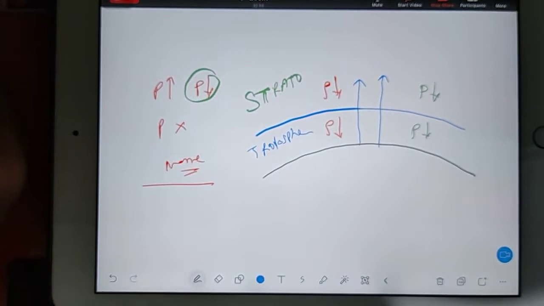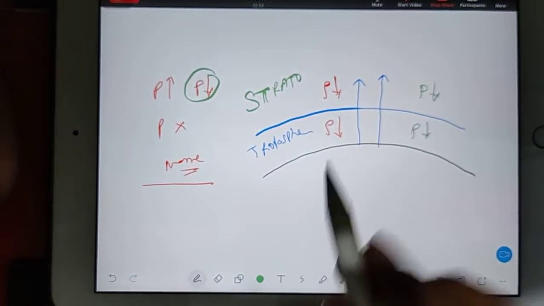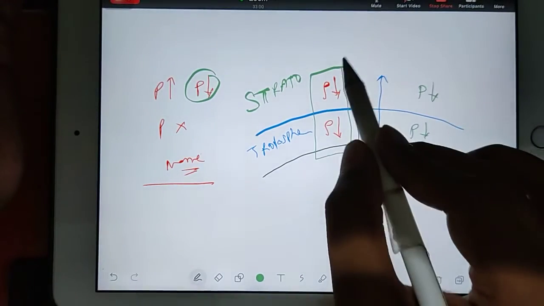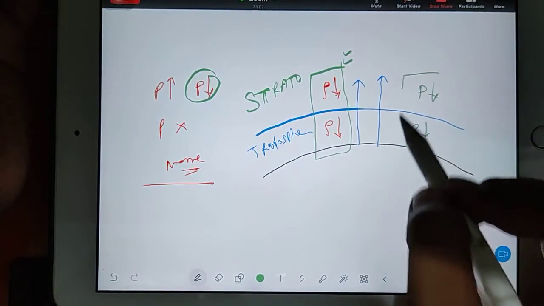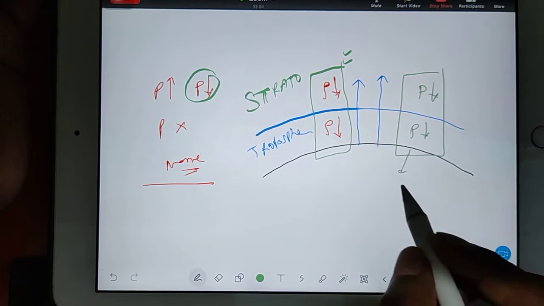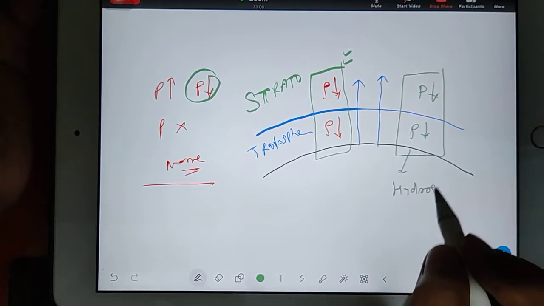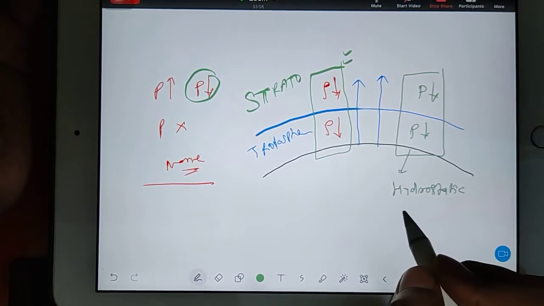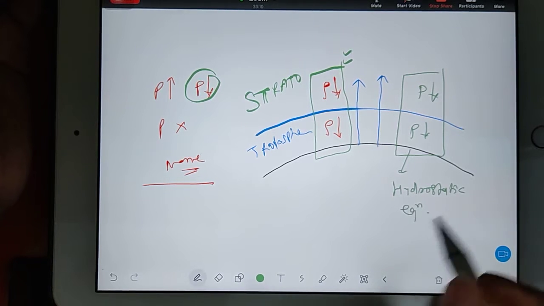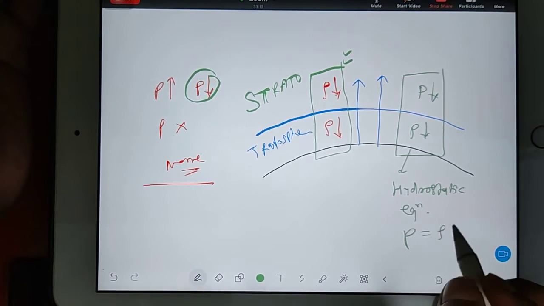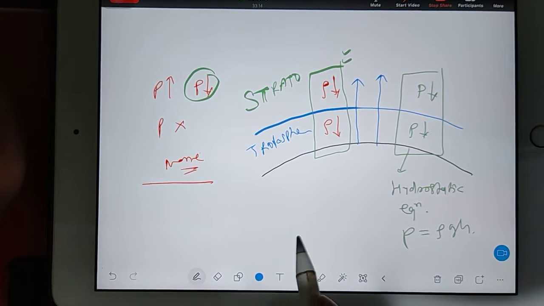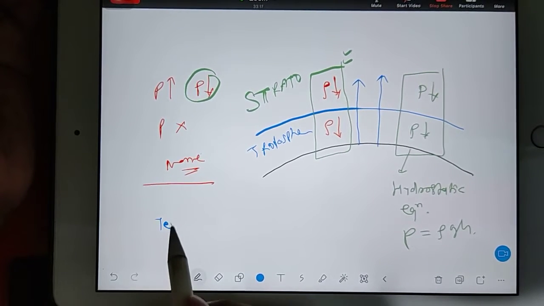Now see, density variation I simply explained. To explain pressure variation, I took the help of the hydrostatic law, or you can say the hydrostatic equation. That was nothing but P is equal to rho gh. Now I have to explain temperature variation.